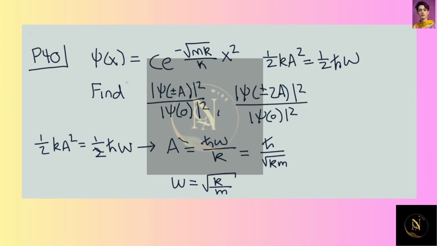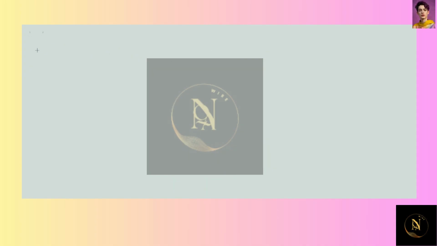So now we want to square psi, and then we'll eventually plug x equals A in. So psi of x, we don't need to worry about any complex conjugates because there are no complex numbers anywhere.